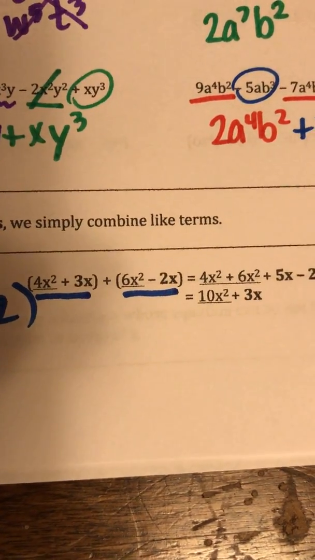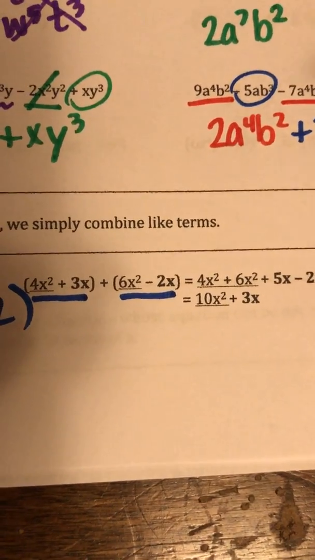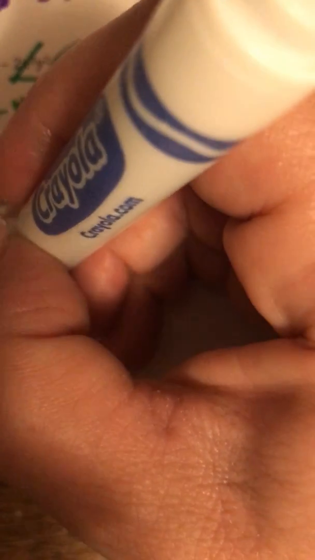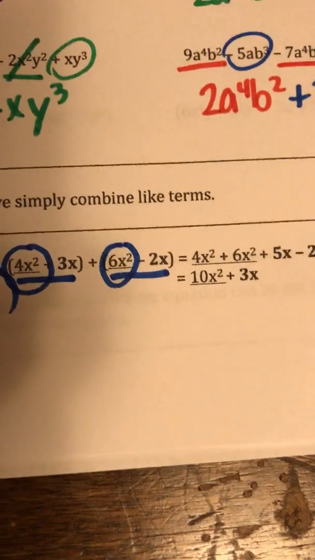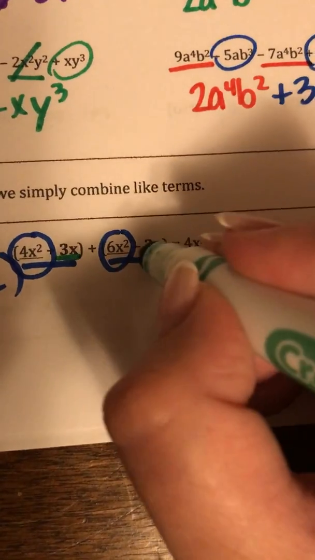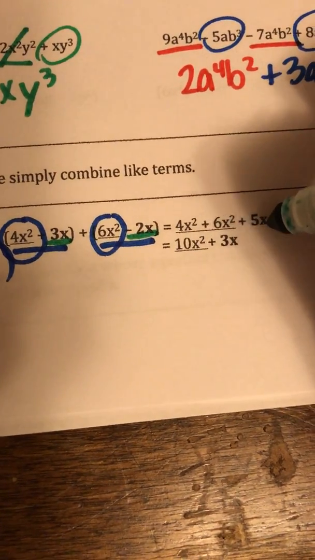So what we're looking for is the like terms, okay, again. So here we have 4x squared and 6x squared, so we have 4x squared plus 6x squared. Over here we have plus 5x minus 2x.